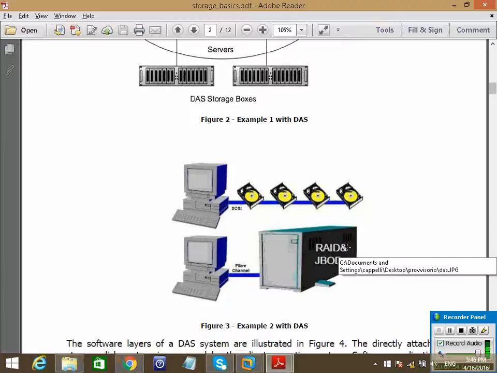If this motherboard is compatible with SATA hard disks, you will have SATA ports on the motherboard, and each SATA port can support multiple SATA disks on one single cable and one single instruction.